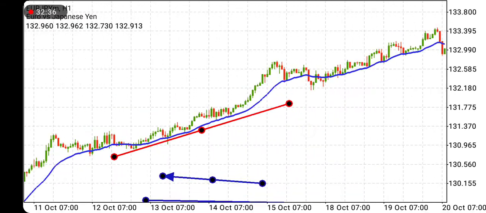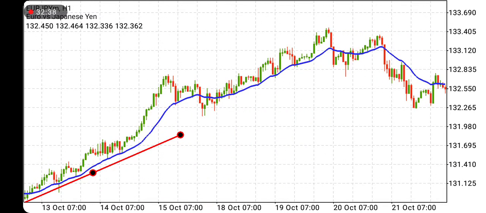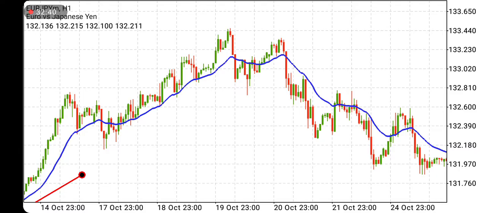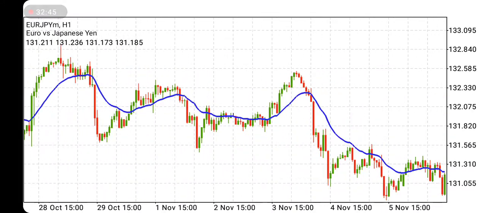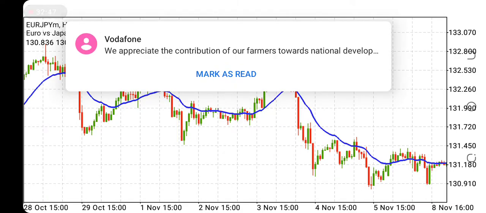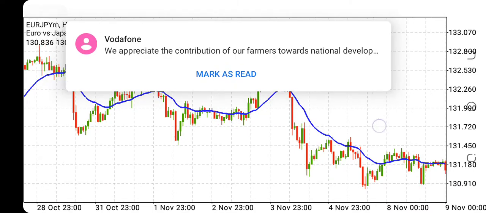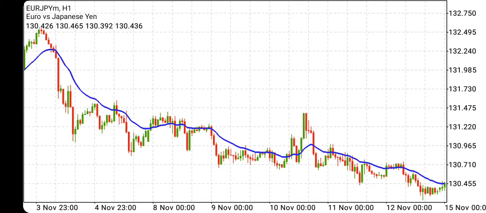So for now, I choose to concentrate on these candles. At least I have mastered the bullish engulfing candle, the bearish engulfing candle, the shooting star, and the hammer.